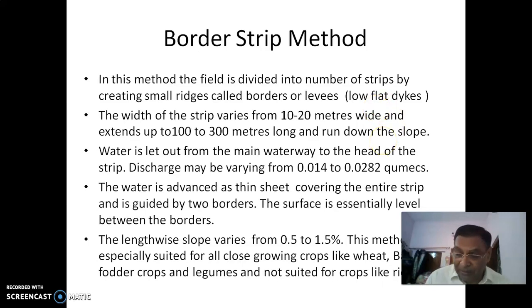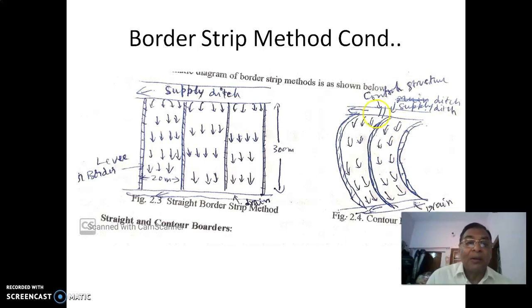Let us take the help of the figure now itself. You can see this hand-drawn figure here. This is the levee or border, and this is another levee or border. Between these two is called the strip. Water is supplied here in this supply ditch or field channel, and water is let out to this strip.